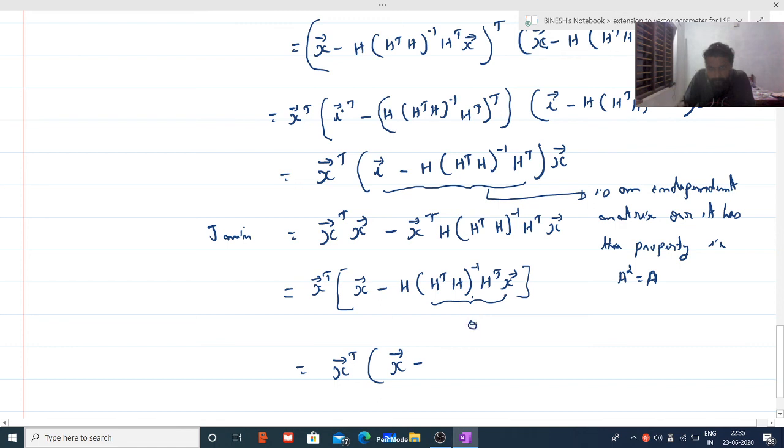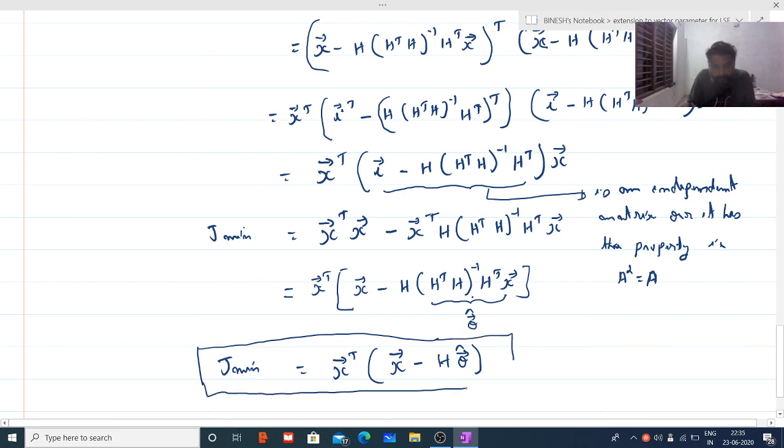Okay, don't confuse with them. So it will be h theta cap. Clear? So this is nothing but J minimum. Just make this as box.